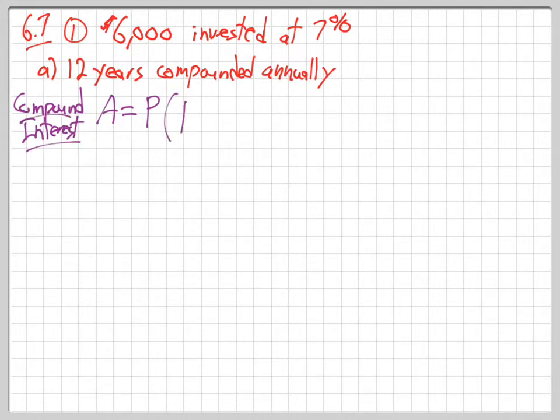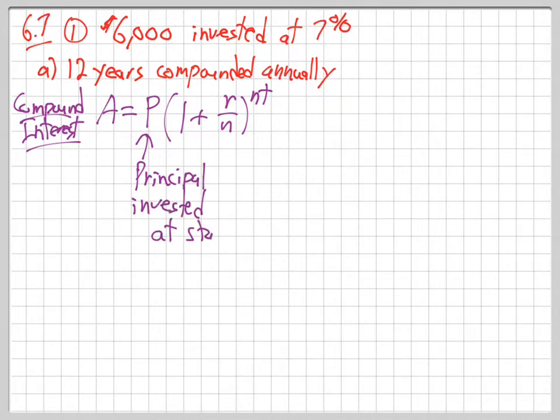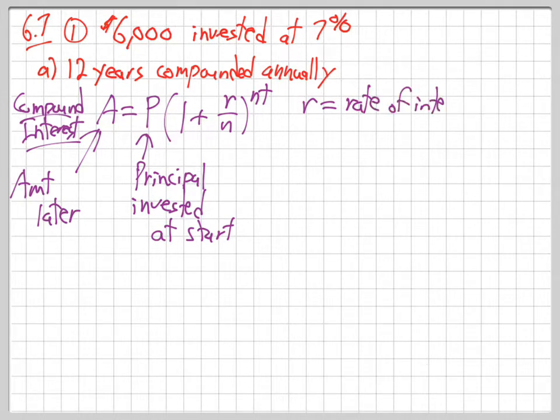A equals P times (1 plus R over N) to the NT, where P is the principal invested at the start, A is the amount later, R is the rate of interest, and T is the number of years.